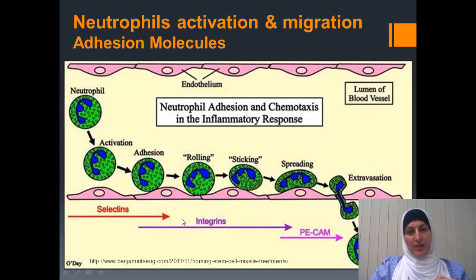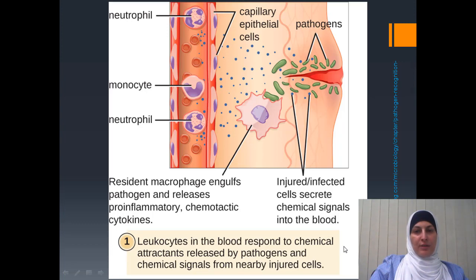Then stronger binding would take place by the integrins, and eventually the cellular adhesion molecules would allow the extravasation of the neutrophils into the tissues. Now the neutrophil is inside the tissues. We'll see how it can get to the site of infection.